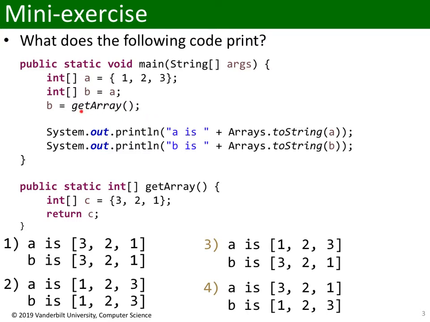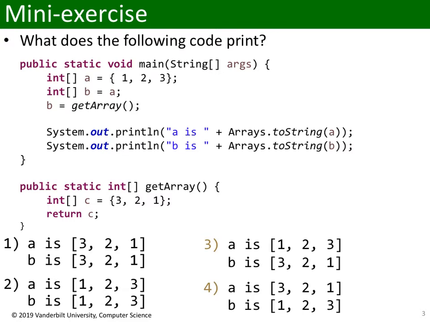Then, when we call getArray, which has no parameters, we build a new array object, store the reference to that array object in this variable C, and then return that reference and store it in B. So A still points to the initial object, but now C pointed to a new object, and that new object's reference is stored in B. So A and B point to different objects.